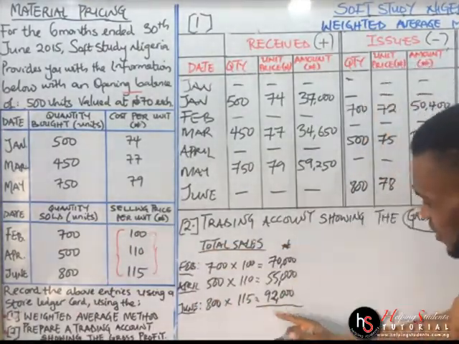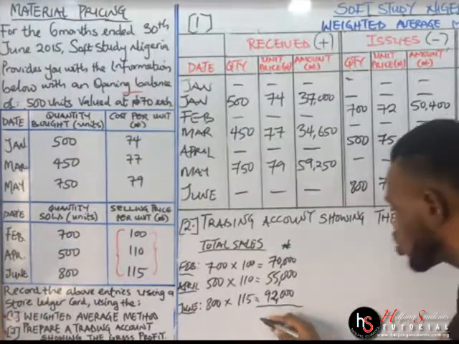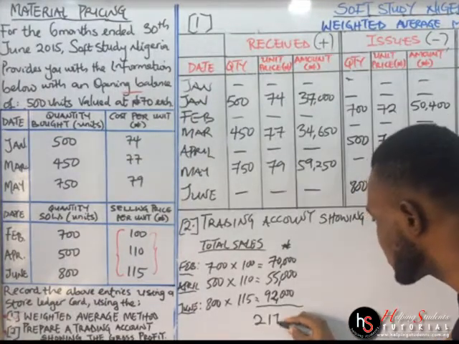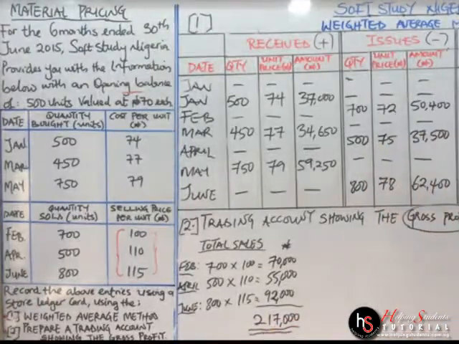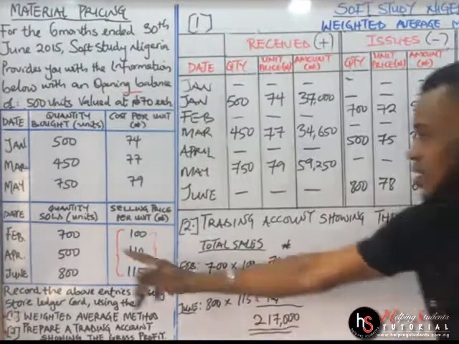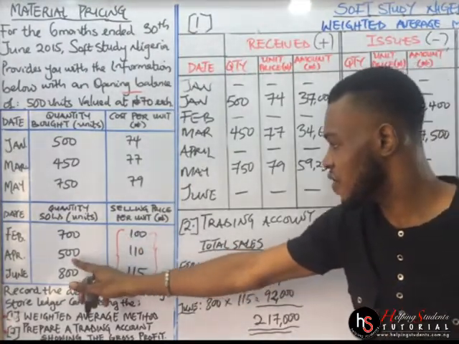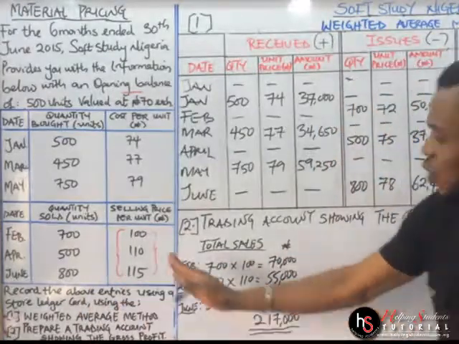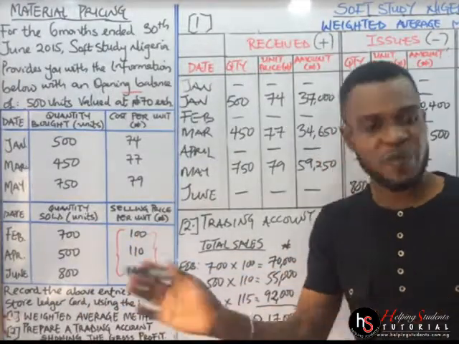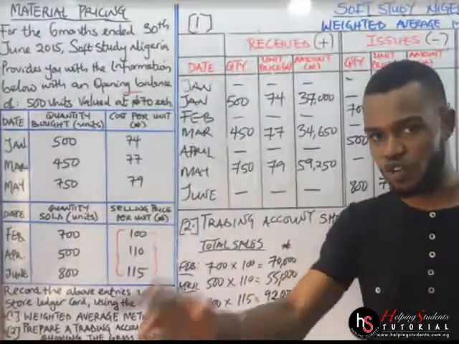By the time we add up these three values, it gives us 217,000. So 217,000 now stands as our total sales. Take note of that. 700 times 100, 500 times 110, 800 times 115. If a question does not give you these values, it can never ask you to solve for the gross profits.